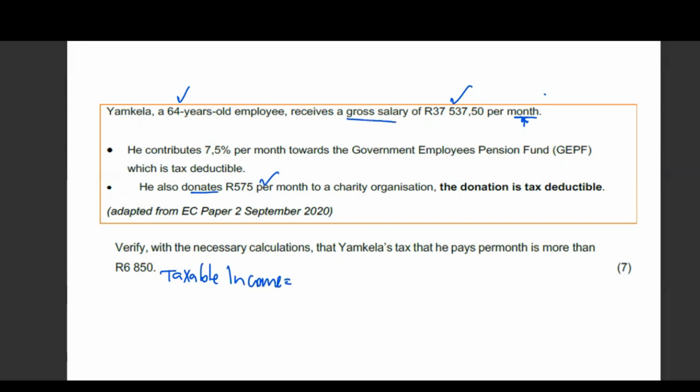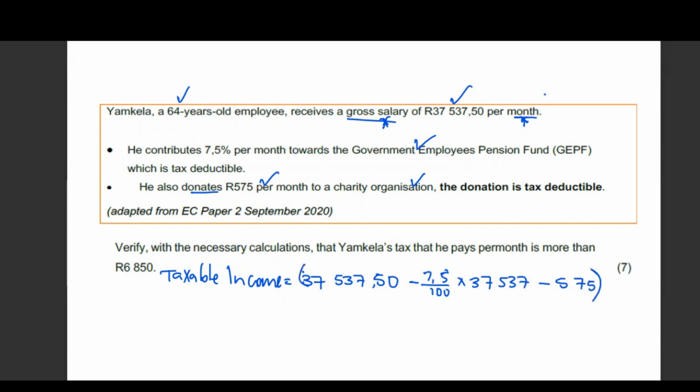Why am I looking for taxable income? They talked of gross salary. They didn't talk of taxable income. Number two, they talked of pension. They talked of donation. So I need to determine the taxable income. So it has to be 37,000, which is the gross, 537 rands, 50 cents, minus 7.5% of the same money, still minus the 575.